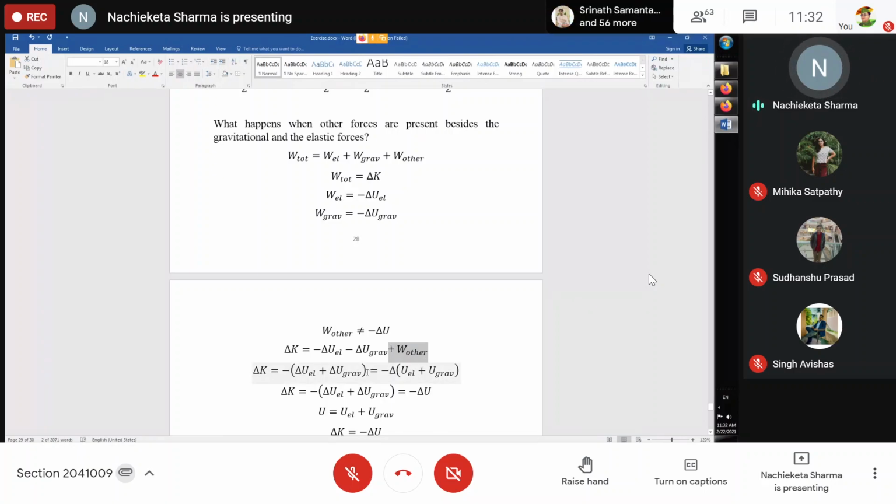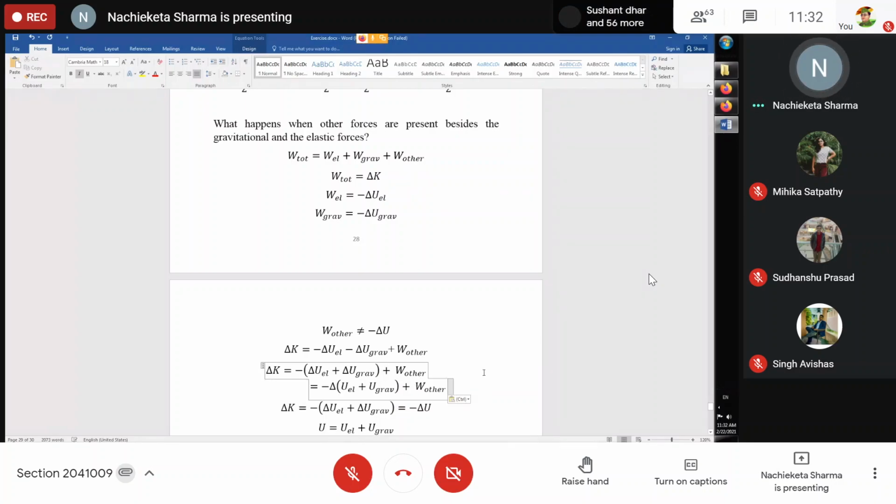So delta K, I will add plus W other. Similarly, change in kinetic energy, W total, delta K is equal to W other. So here also I will add it as W other. Here also I will add it as W other.